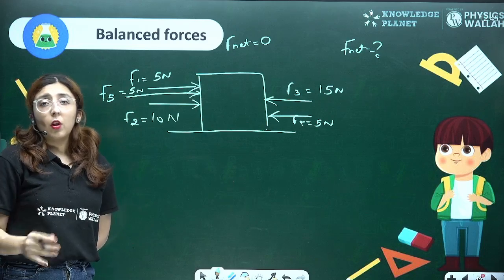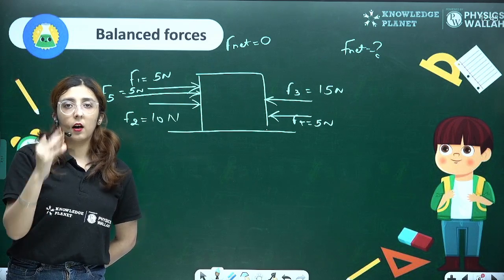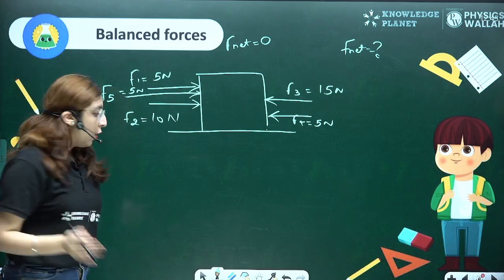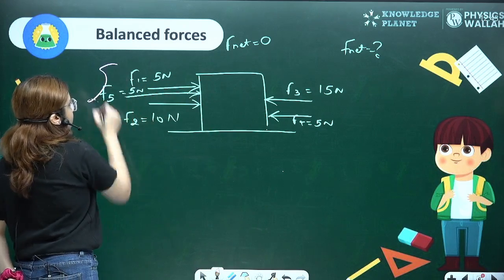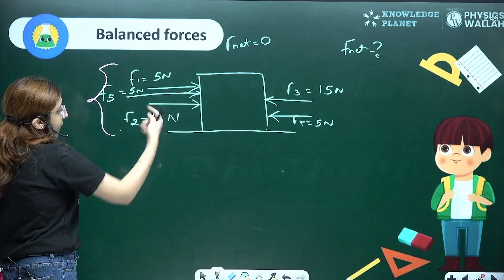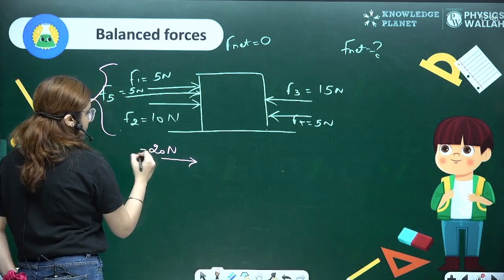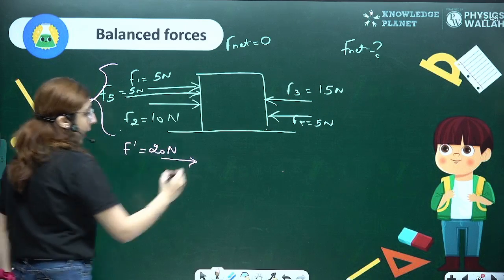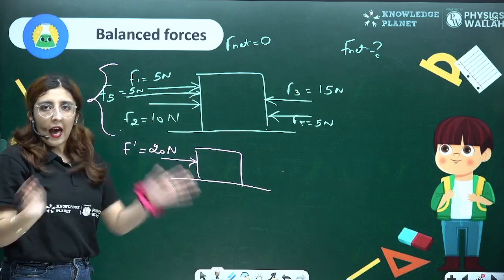First of all, our basics tell us that whenever the forces are in the same direction, we will add them. Forces in the same direction need to be added. So add 5, 5, 10. What are you going to get? 20 Newton. Forces in the same direction, add.